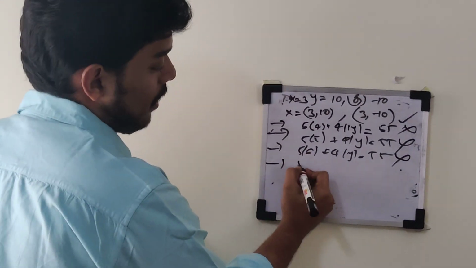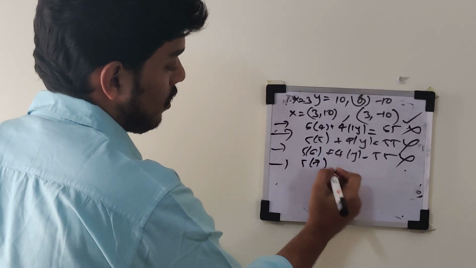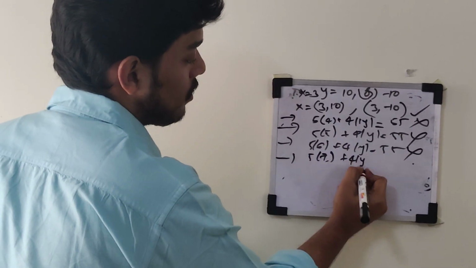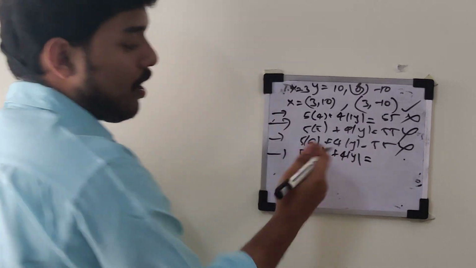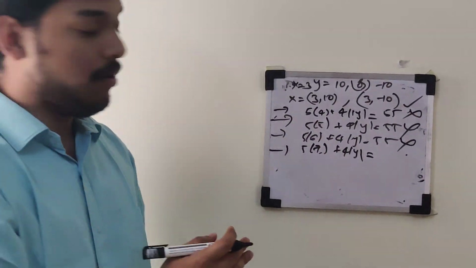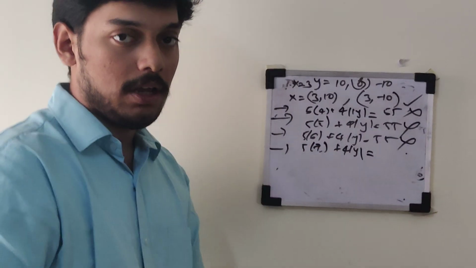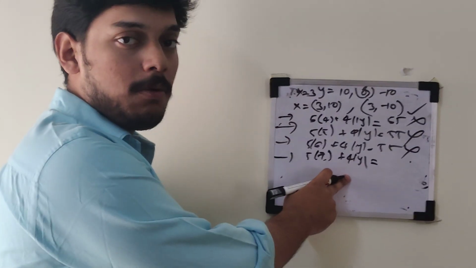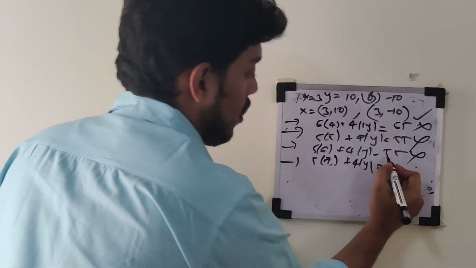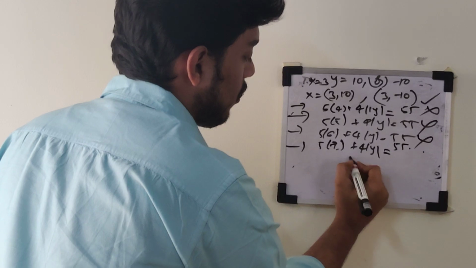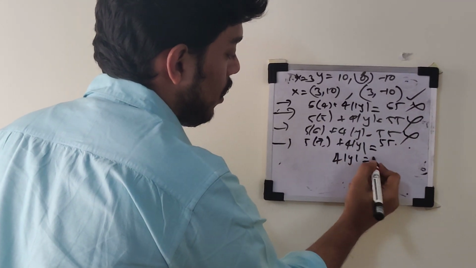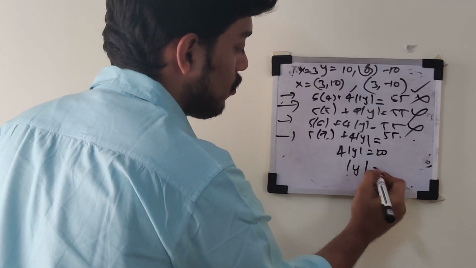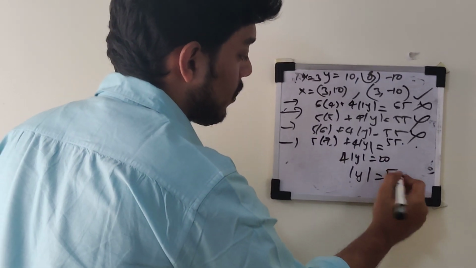And take 5 x as 7 plus 4 mod y is equals to 55. Remove 35 from 55, then how much do we get? 20, and 20 is divisible by 4. So we get 4 mod y is equals to 20 and mod y is equals to 5.